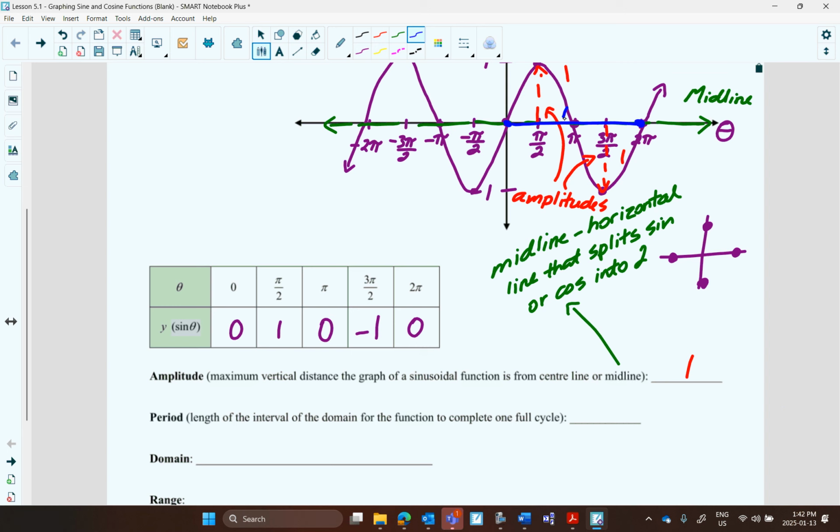So this here would be the period. Well, what's the length from 0 to 2 pi? 2 pi. A lot of times, period will be in terms of pi. Sometimes it won't.